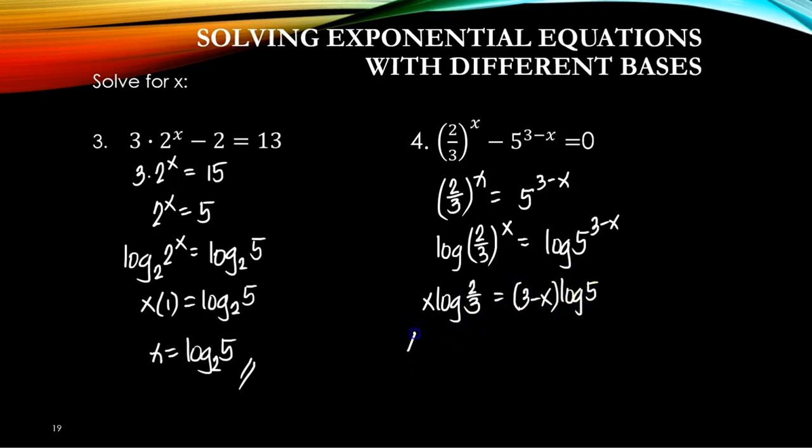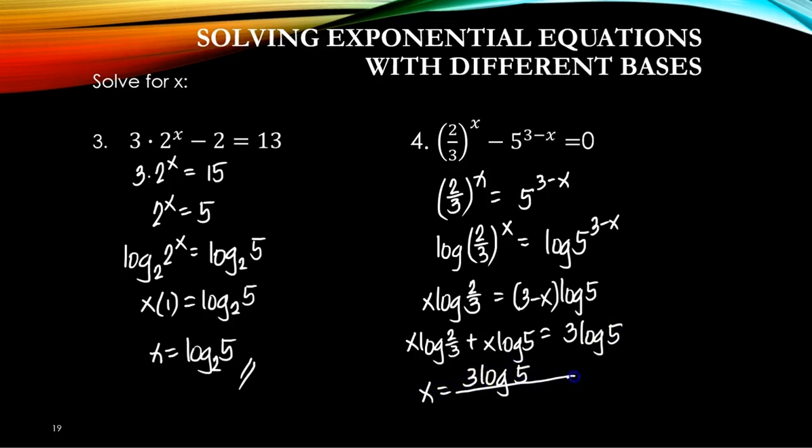So let's combine those with x's. X log of 2/3 plus x log of 5. You're left here on the other side with 3 log of 5. Therefore, x is 3 log of 5 all over log of 2/3 plus log of 5. You can actually combine this. That becomes 10/3. And then you can simplify. But this one is acceptable.